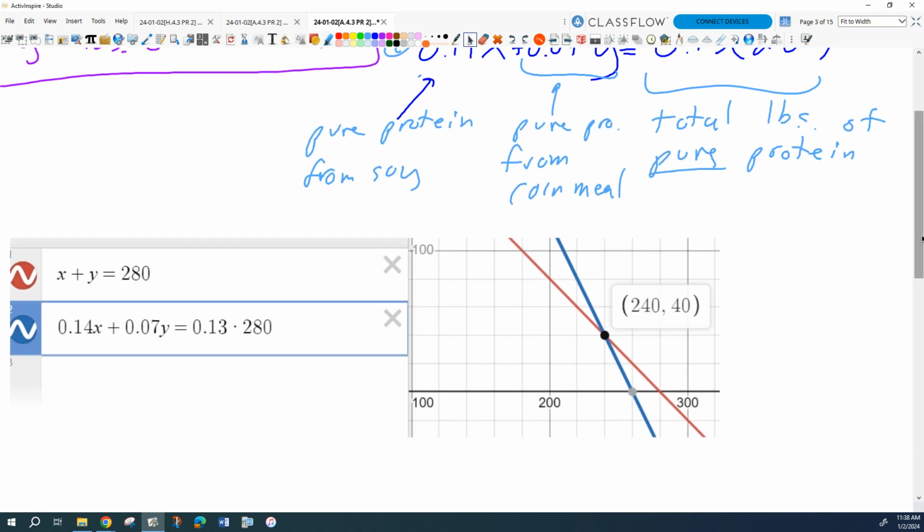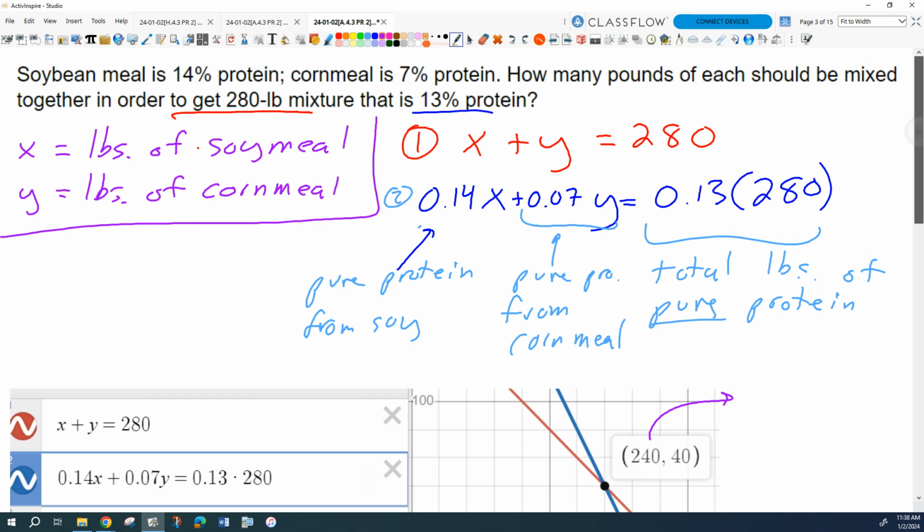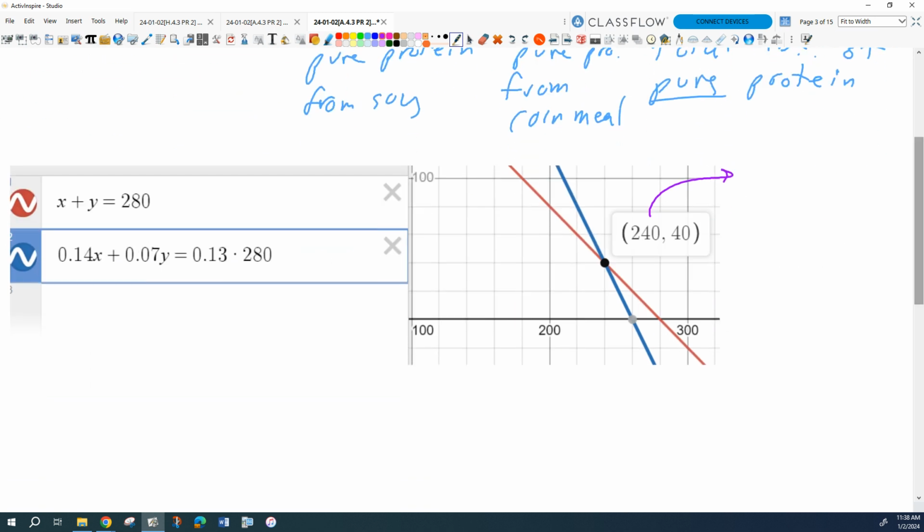What is that ordered pair telling me? What's the 240? What's the x coordinate telling me? Of soy meal, right? Because remember what the variables are. X is pounds of soy meal, and X is 240, right? So 240 pounds of soy. 40 means 40 pounds of corn. Okay? Give me thumbs. Does that make sense?